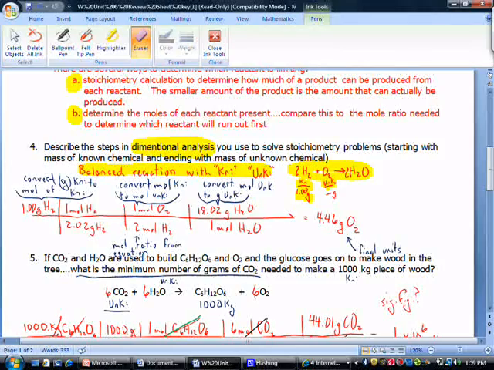So the first step here is to convert the grams of what we know to moles of what we know.